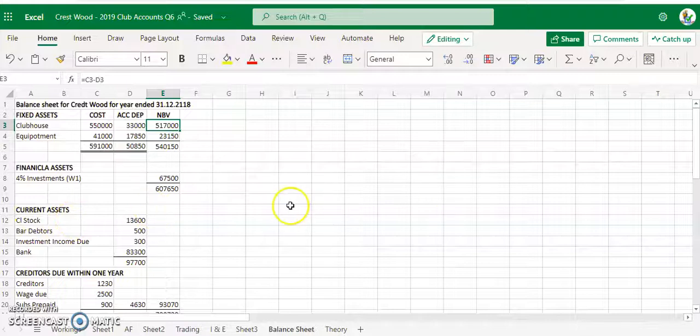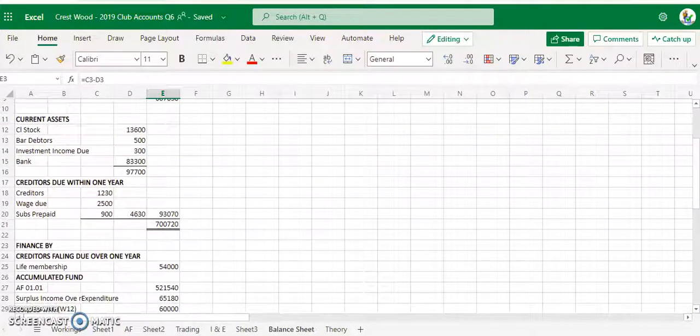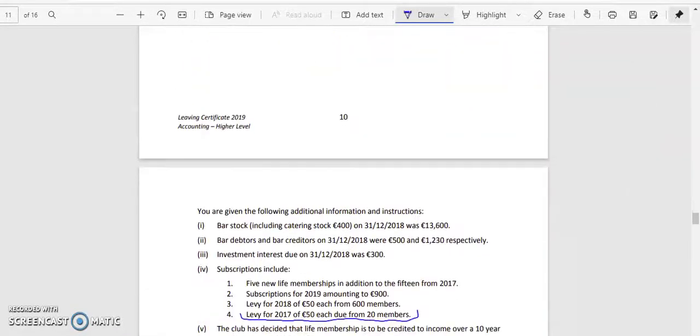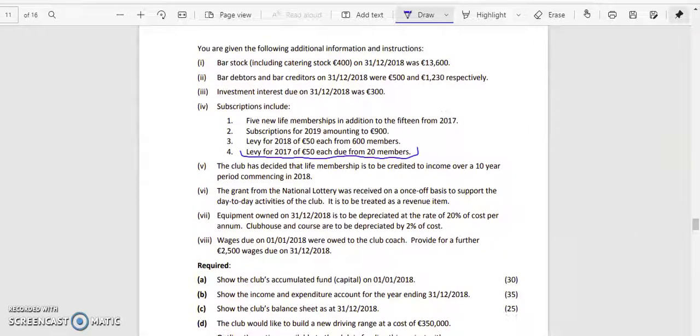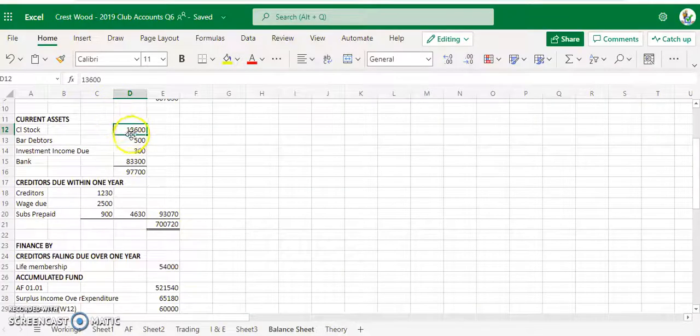Our next heading then is our current assets. So current assets are always made up of our closing stock and our debtors, and then our bank if it's an asset, and then anything income if it's due, expense if it's prepaid. So in this question we've got our closing stock. From the end of the question, all the balance sheet figures will be found at the end of the question. So we got closing stock 13,600, we had catering of 400, so we're going to put 13,600, that's our total closing stock.